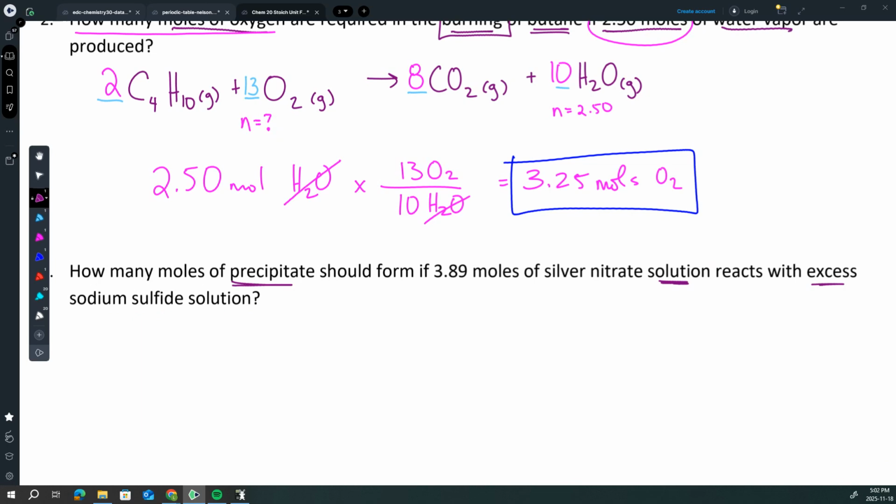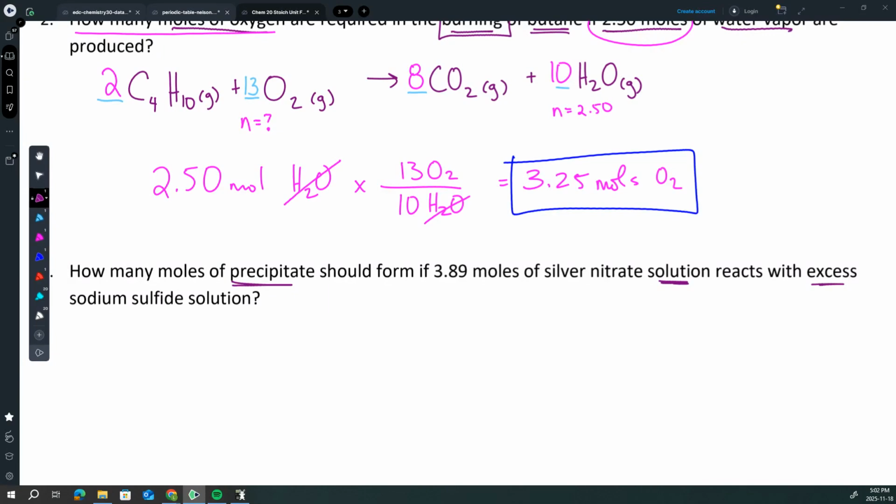So the reason we don't care about an excess amount is it's just way too much to really limit our amount of product.